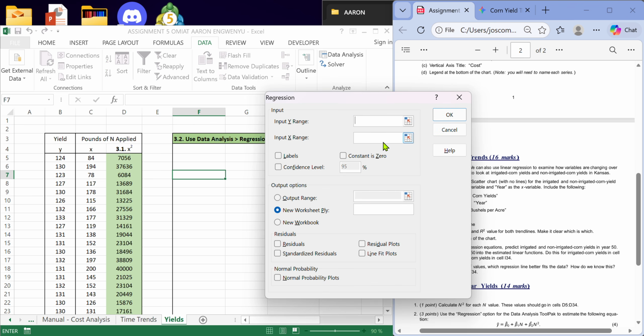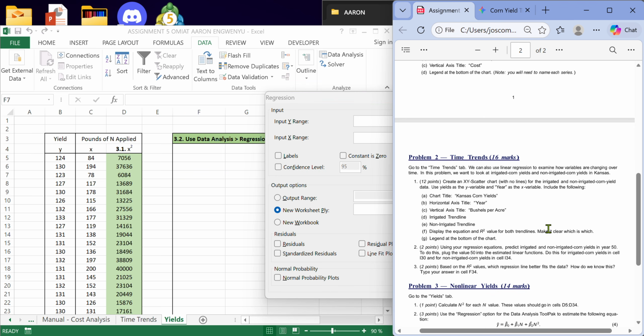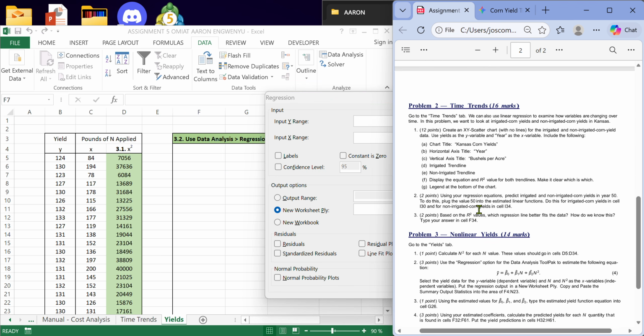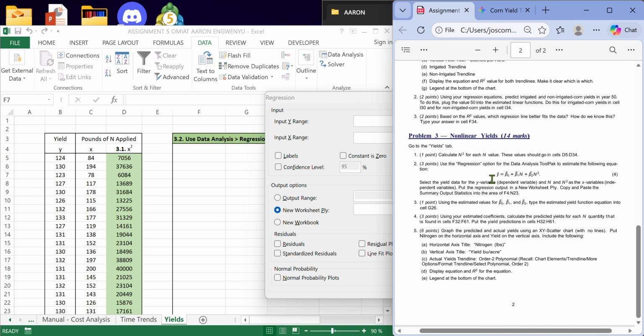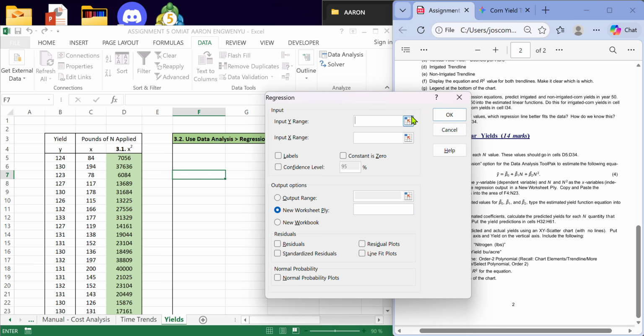Okay, now to input y values, we come and select. It told us for y variable, dependent, they want the yield data. So select yield data.